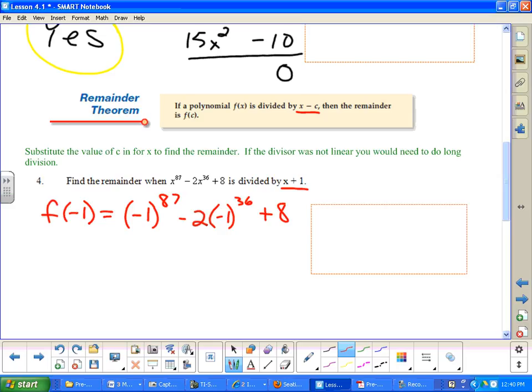Wow, those are some big exponents, aren't they? All right. Now, negative 1 to the 87th power is what? Negative 1. Good. Negative 1 to the 36th power is 1, so this is negative 1 minus 2 plus 8 equals 5.